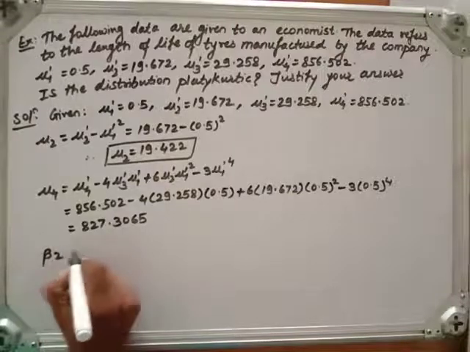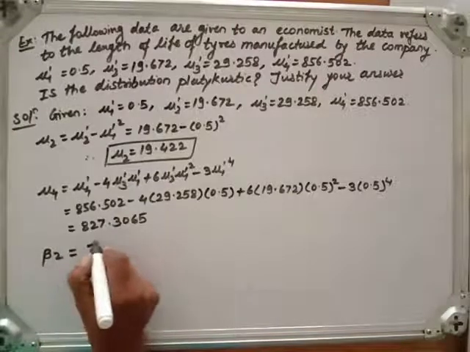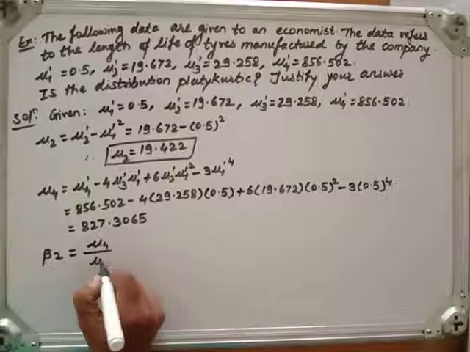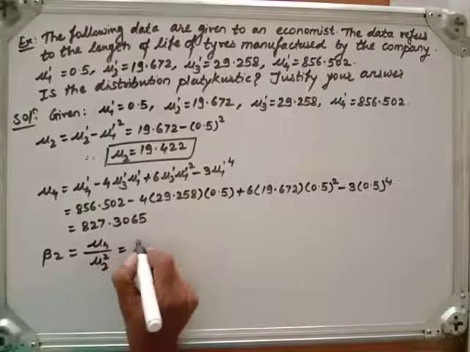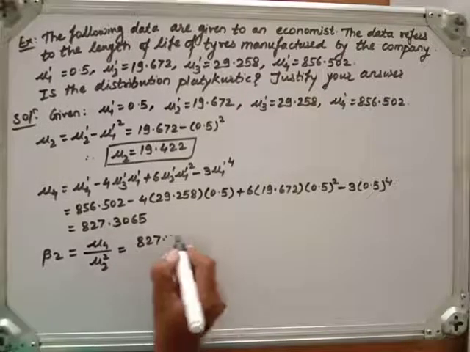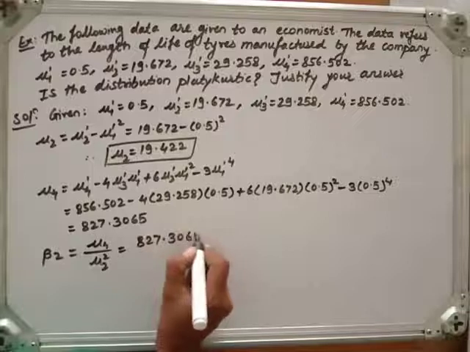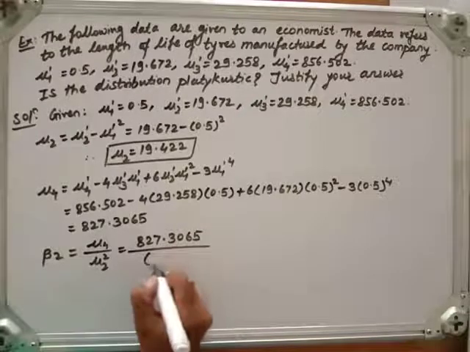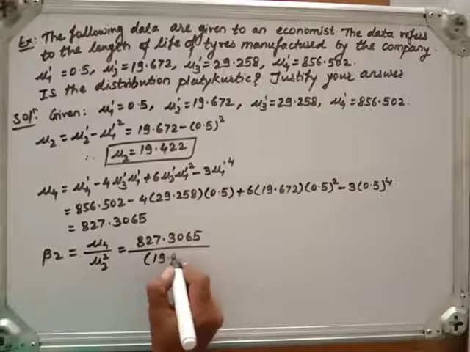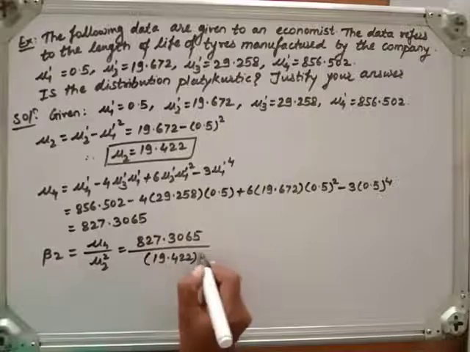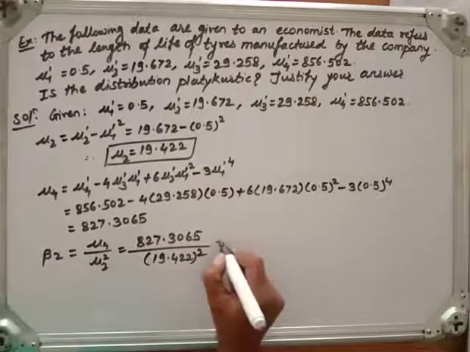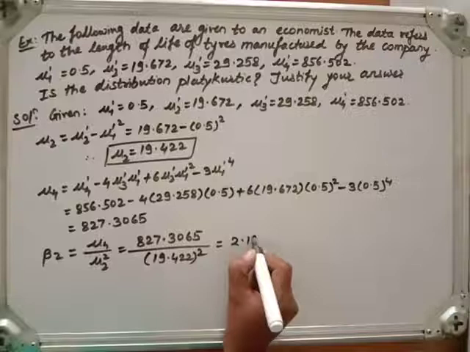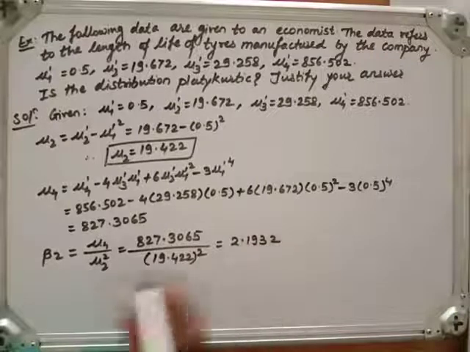Now we need beta 2. What is beta 2? mu4 upon mu2 square. So this is 827.3065 upon 19.422 square. So this will be 2.1932.